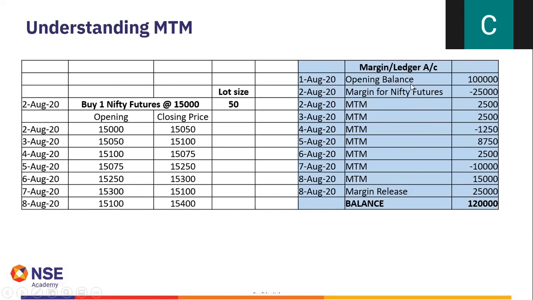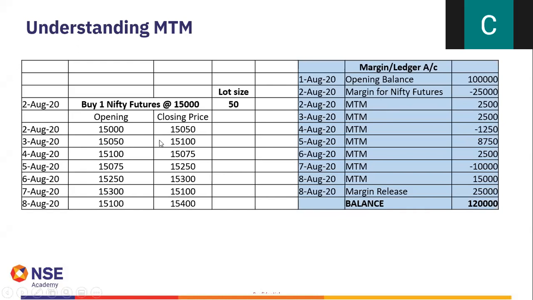On 2nd August, since I'm taking this particular contract, say for example, a margin of 25,000 is charged. So that amount will be straight away debited from my ledger balance. Okay, on 2nd August, my MTM, that is a profit of 50, will be given as a credit. Okay, I hope it is clear till now.